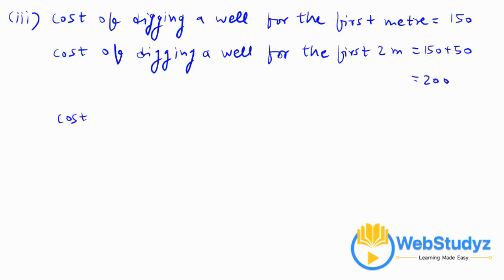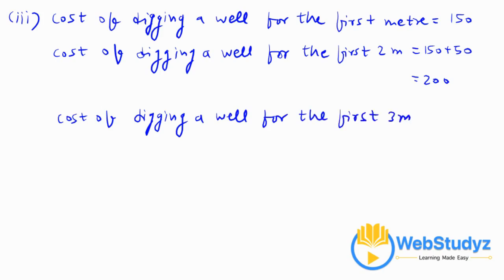Similarly, cost of digging a well for the first 3 meters will cost us 200 plus 50, which will be 250 rupees.